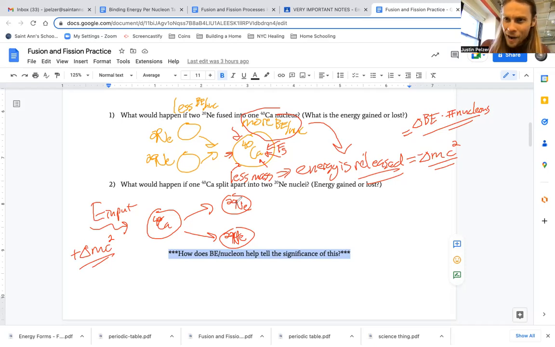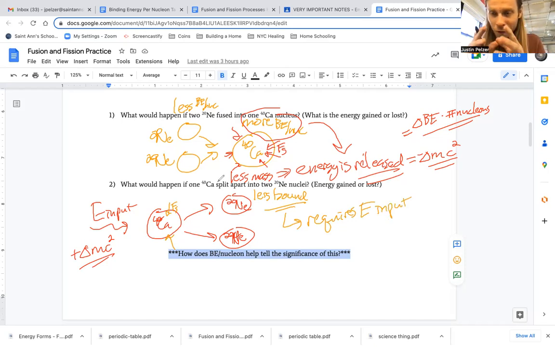So why? Well, these are less bound. If I try to take these apart, it's literally overcoming the strong nuclear force to make something less bound, which requires energy input. These nucleons are farther apart from each other than in the calcium nucleus, right? In the calcium, they're tighter together, whereas in the neon, they're farther apart.